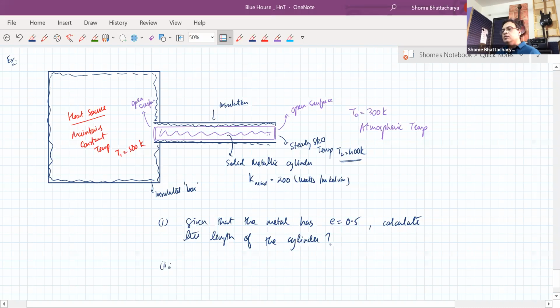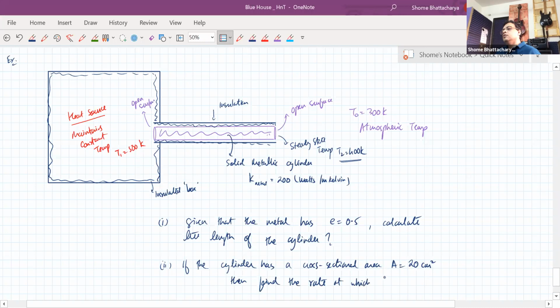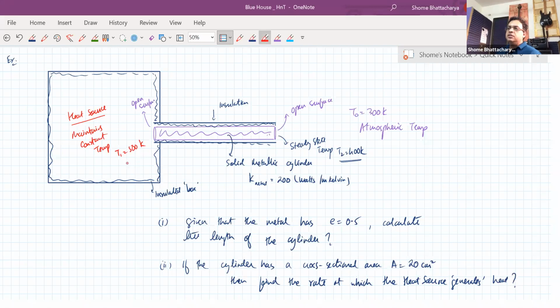And secondly, if the cylinder has a cross-sectional area of 20 centimeters square, then find the rate at which the heat source generates heat. The heat source is continuously generating heat. That's how it's maintaining the temperature of the inner chamber constant at 500 Kelvin.